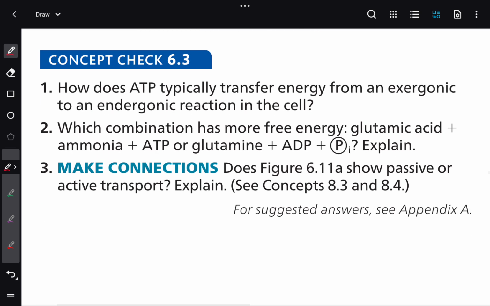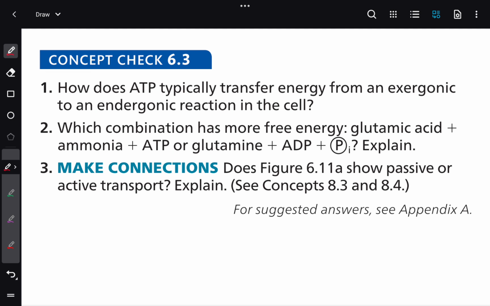Okay, now as a concept check, how does ATP typically transfer energy from an exergonic to an endergonic reaction in the cell?